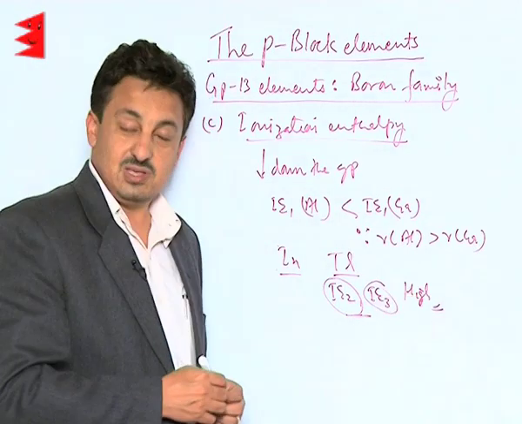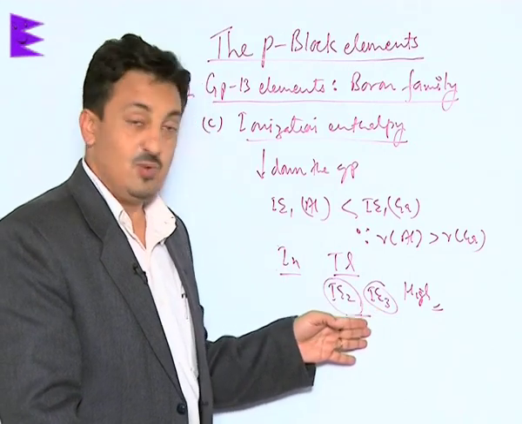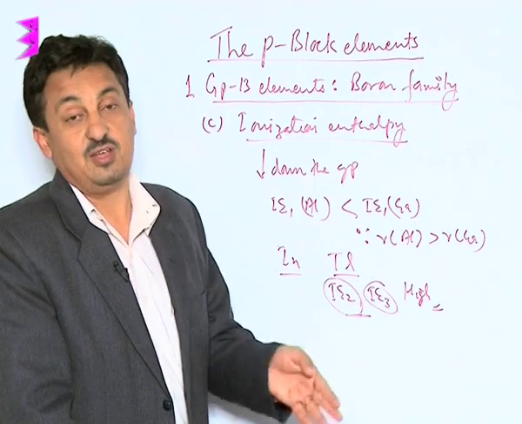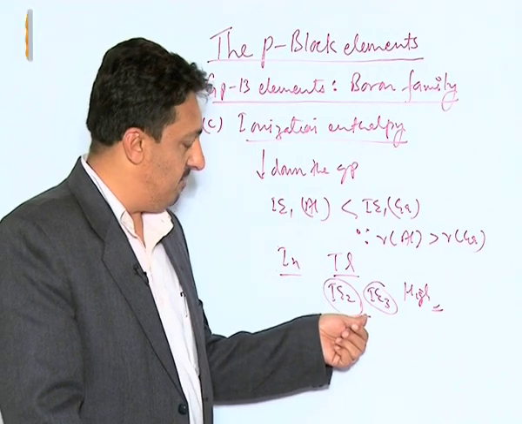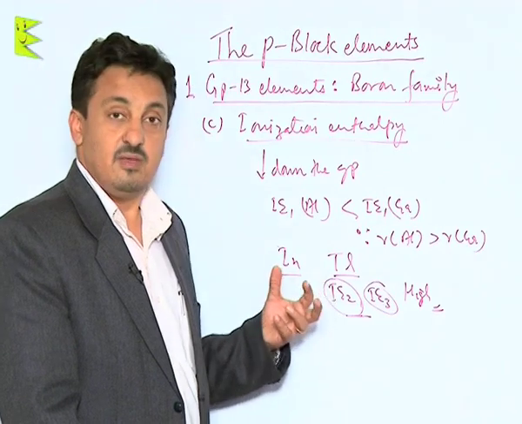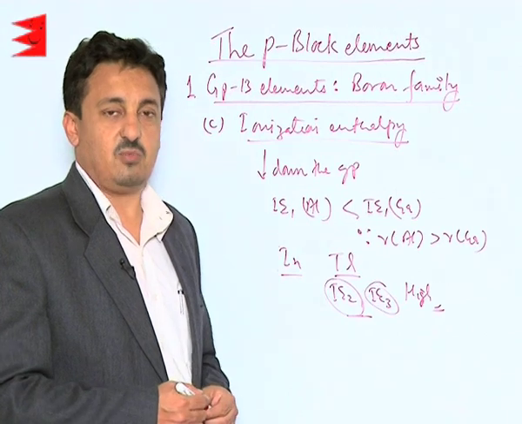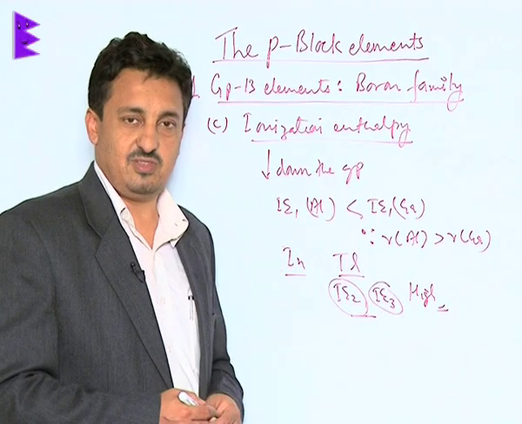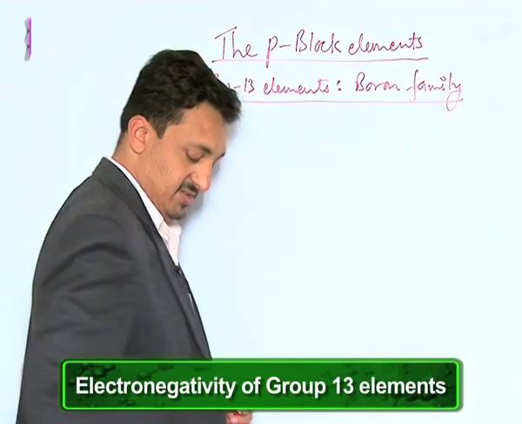The reason is the poor screening effect of the ns2 electrons of thallium, or we can say it is because of the poor screening effect of the inner f and inner d electrons, because of which the second and third ionization enthalpies of thallium are very, very high, much higher than what we find in the case of indium. That is why thallium is more stable in the +1 oxidation state and indium is more stable in the +3 oxidation state. Now let us discuss the next property, which is electronegativity.